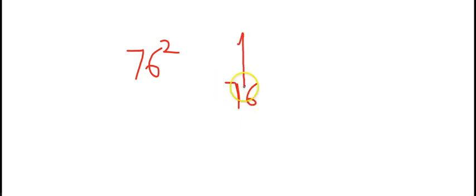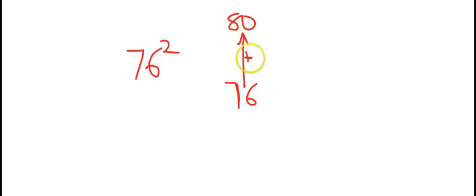Let's take maybe a final example. This time around, I want to do 76 squared. And so I'll just keep my 76 in mind. And 76 is so close up to 80.